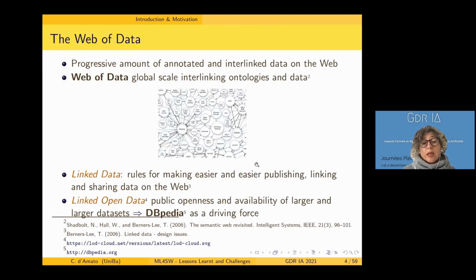A lot of effort has been also put in making the vision of the web of data actually real. That means in creating a global scale interlinking of ontologies and data.